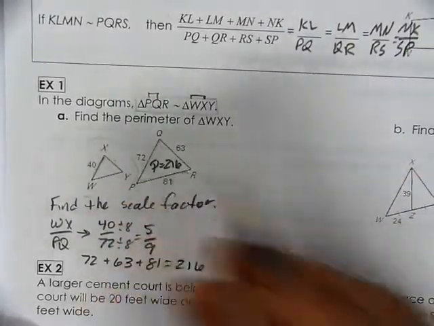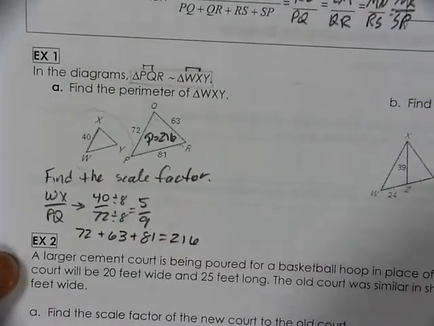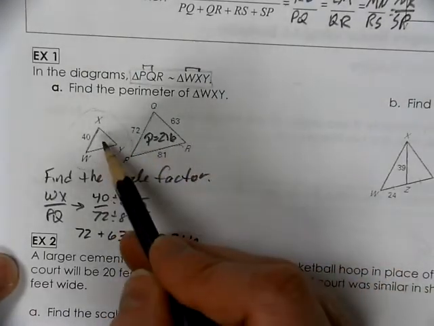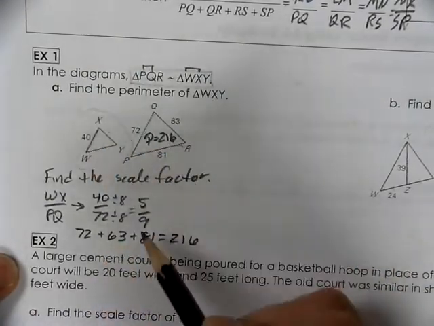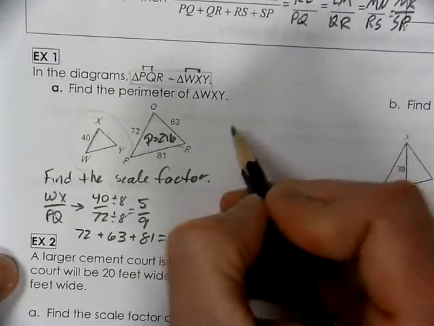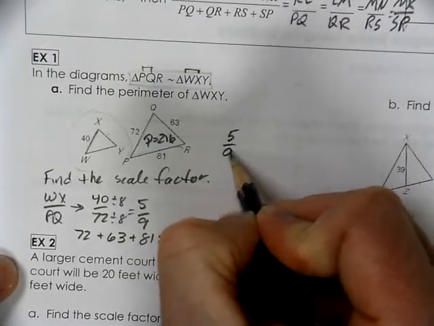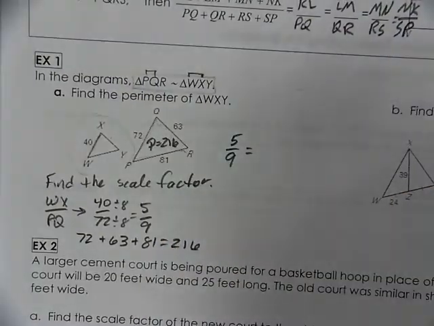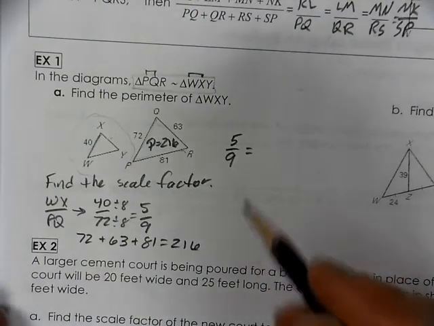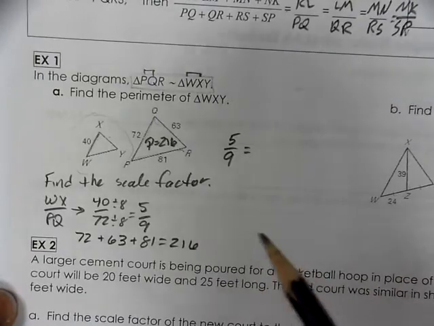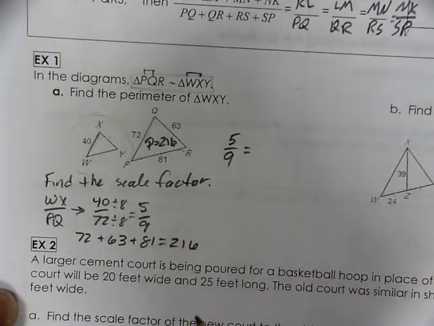That's the distance all the way around it. Well, we know that the ratio between the two perimeters has to follow the same scale factor. So we can use our scale factor to write out a proportion that's going to help us calculate the perimeter of the smaller shape.